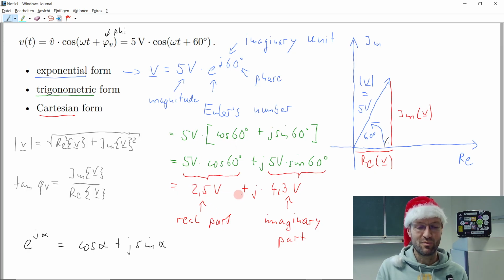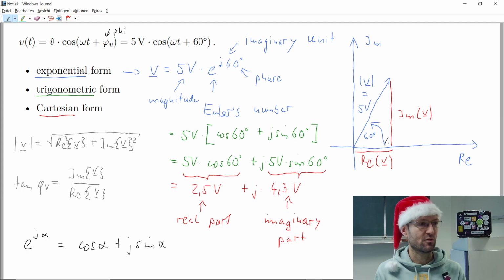It's much easier to do plus and minus in the Cartesian form, because plus and minus is just the sum of the real parts, the sum of the imaginary parts. And it's way easier to do multiplication and power and roots and square roots and division in this exponential form. And that's why we need to have these two different forms.